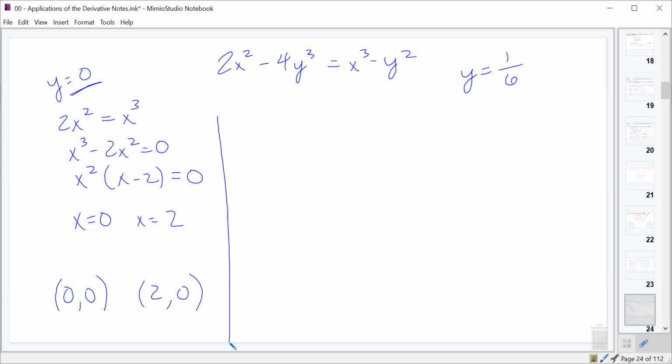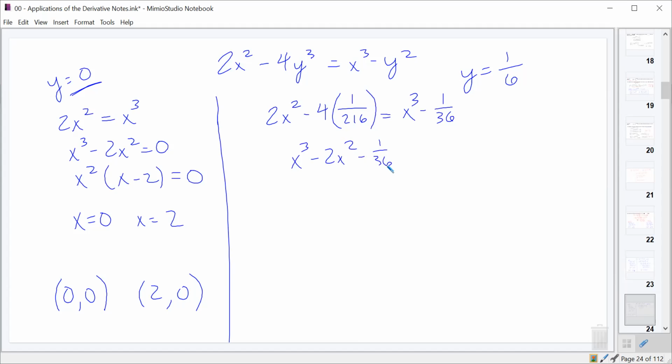That's the easy one. Now we'll go back in here with y equals 1/6. If we put 1/6 into this, we get 2x squared minus 4 times 1/6 cubed, 1/216, equals x cubed minus 1/6 squared, or 1/36. I think I'll bring everything over again to the right-hand side. So I've got x cubed minus 2x squared minus 1/36.